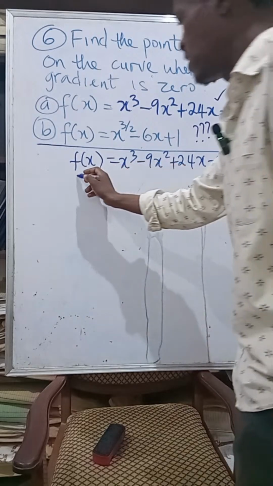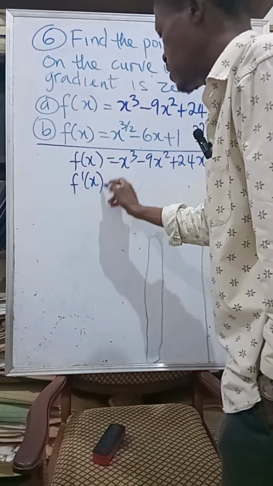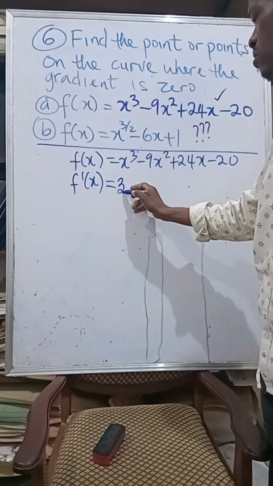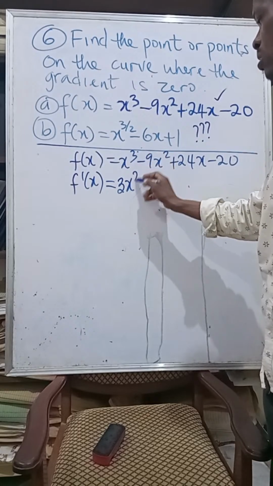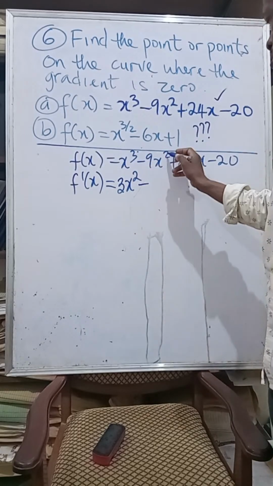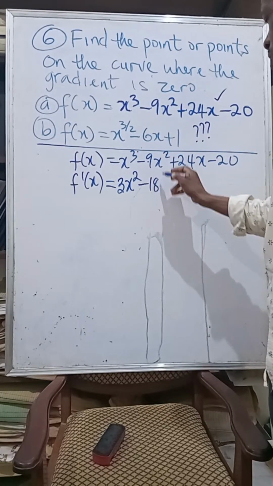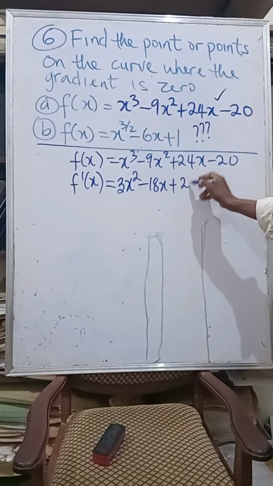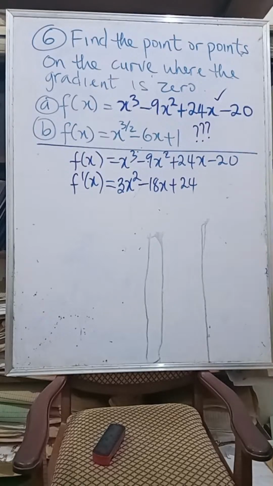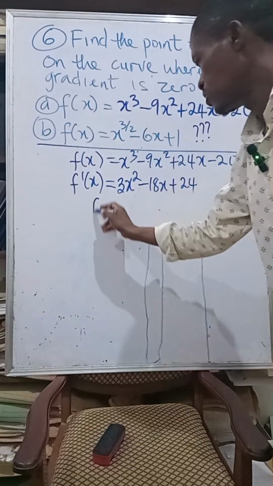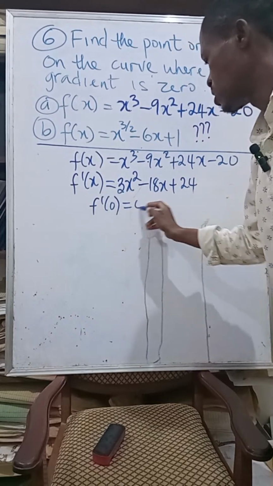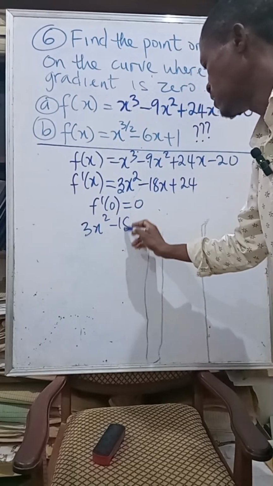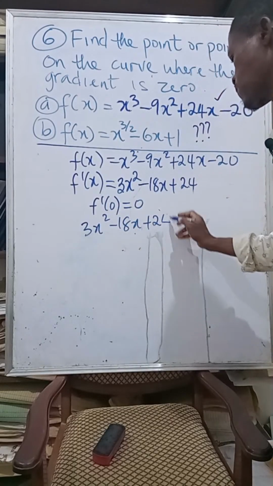The gradient is a derivative or differential coefficient, which will be equal to, we bring down the power and reduce the power by 1: 3x squared, then minus 9 times 2, that's 18, x to the power 2 minus 1, and then plus 24. Then we are told that the derivative, the gradient, is 0. So we're going to have 3x squared minus 18x plus 24 equal to 0.